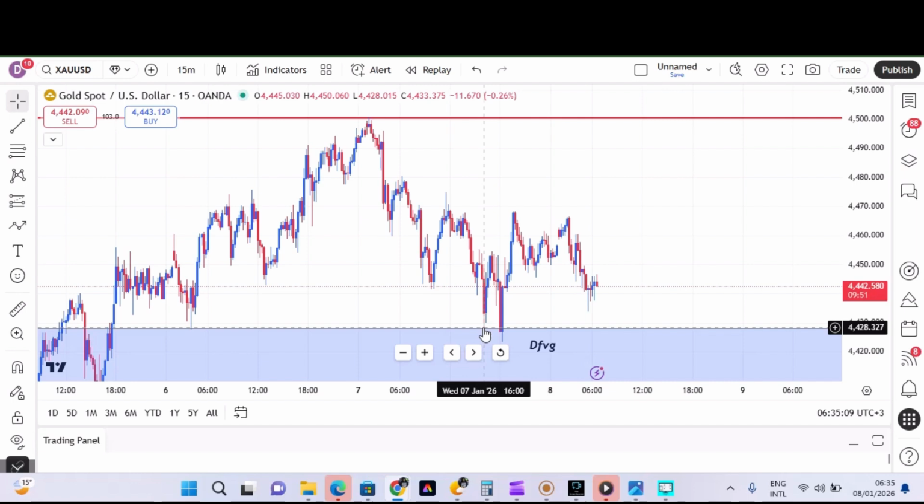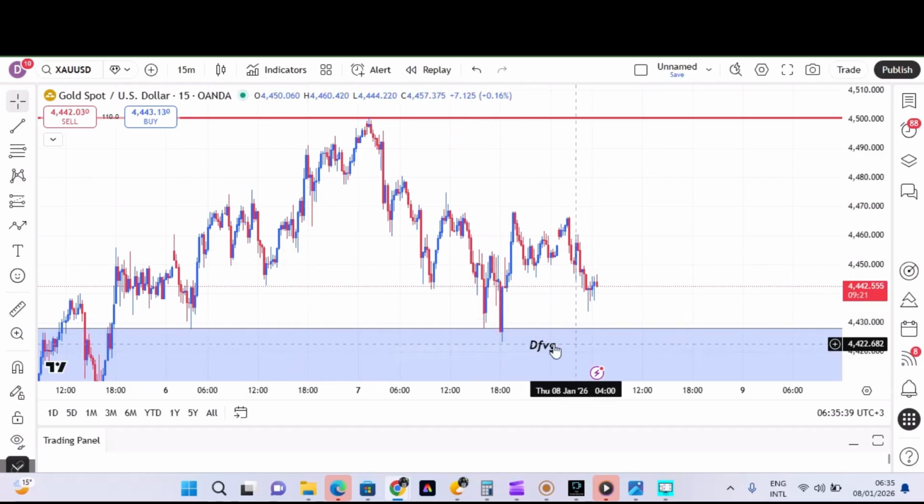How many pips? 28 to 53. That was close to around 200 pips. Let's say if you had an entry at 44.30, 44.31, 44.32, the market pushed up to 53. That was 200 pips.